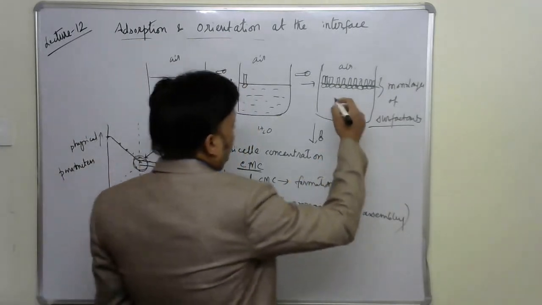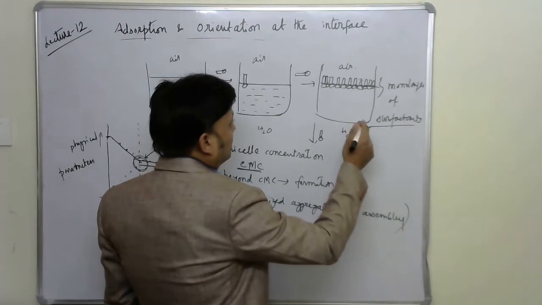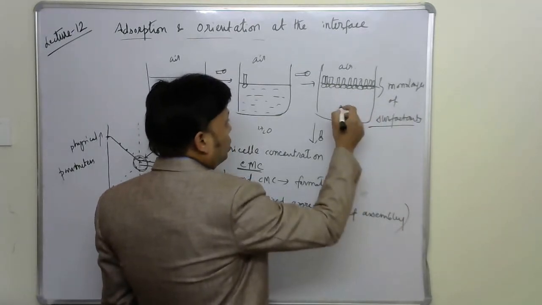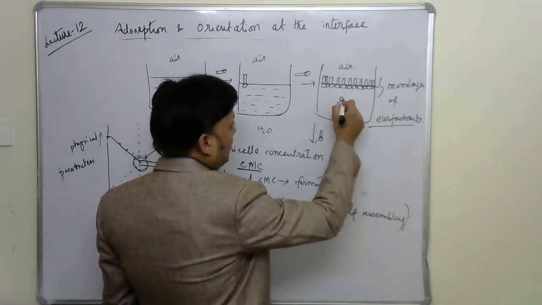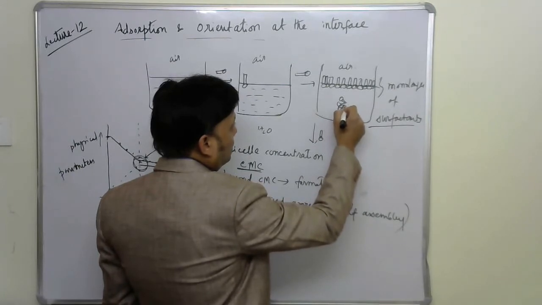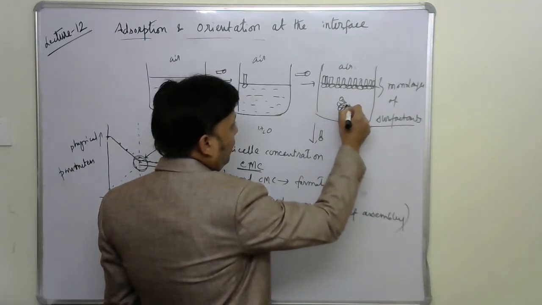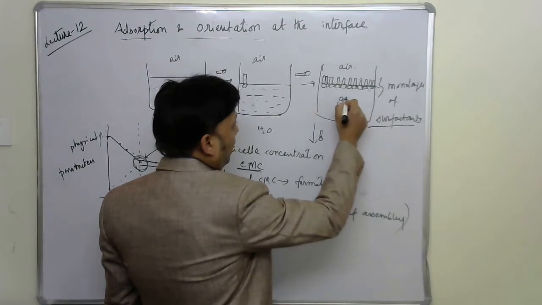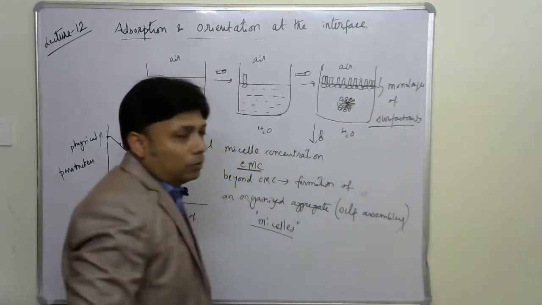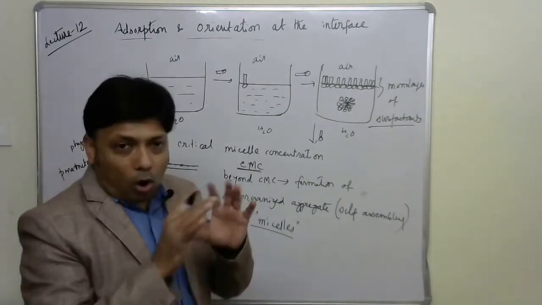So then we can expect that since this is water, the hydrophilic part, or the polar head group, would face towards the water, and we have a self-assembly where the hydrophobic group would hide inside a pocket.